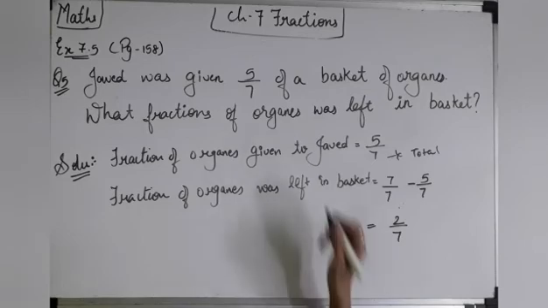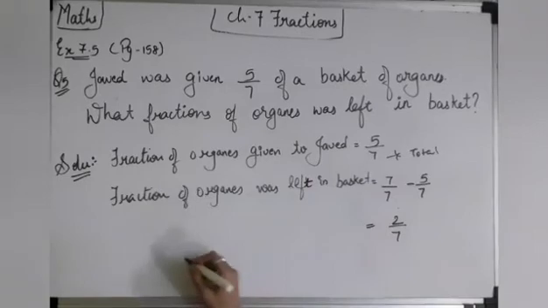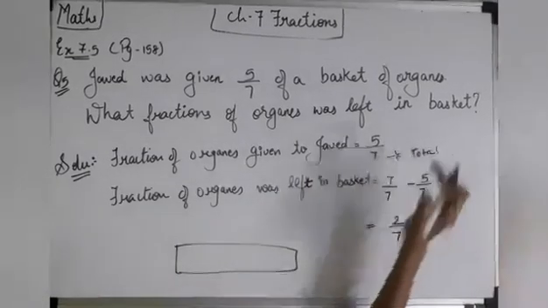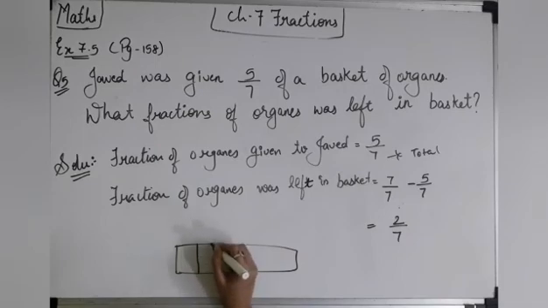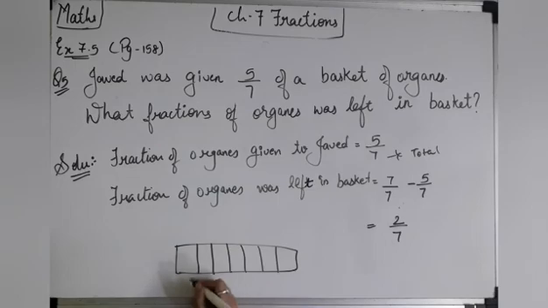Okay. You got it now? For example, this is the basket. And it is divided into 7 equal parts. 1, 2, 3, 4, 5, 6 and 7. See, this one is the first part, second, third, fourth, fifth, sixth and seventh.